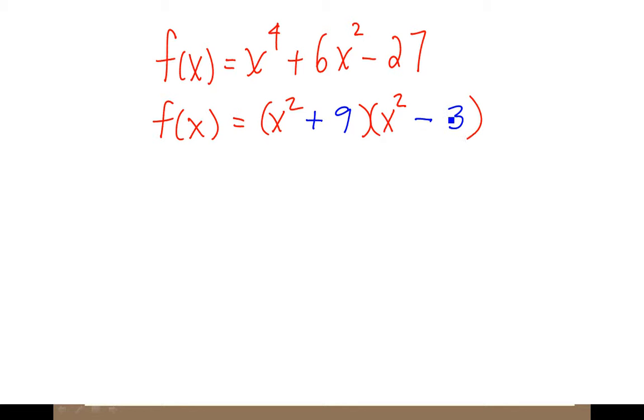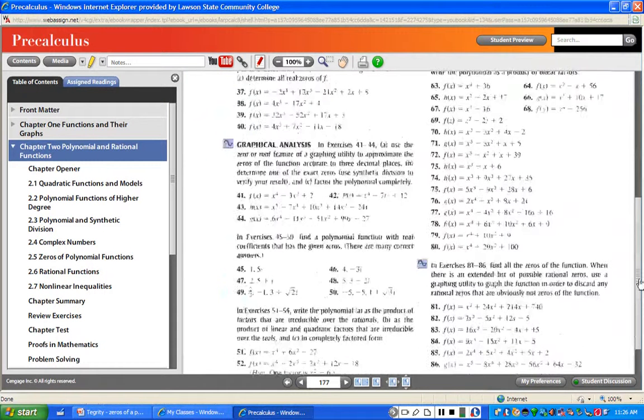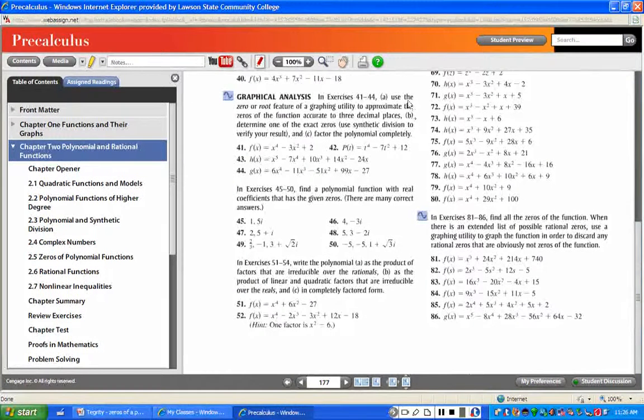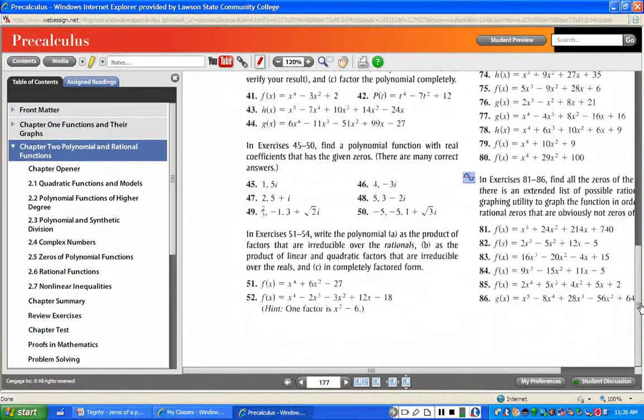So here's what I want you to notice from your book. So this happens to be number 51 in your book. And the instructions say, write the polynomial as the product of factors that are irreducible over the rationals.